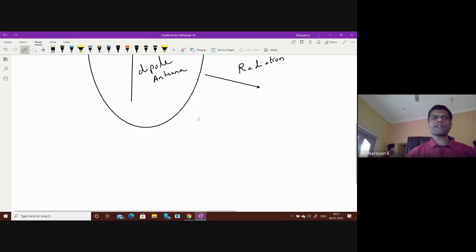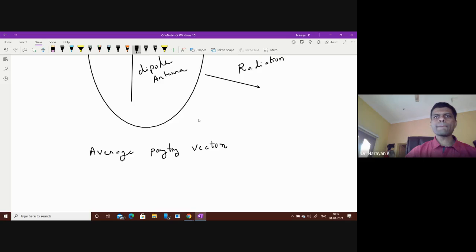Please write down: the average pointing vector is given by S, that is your average pointing vector, equal to half of the real part of E cross H conjugate.